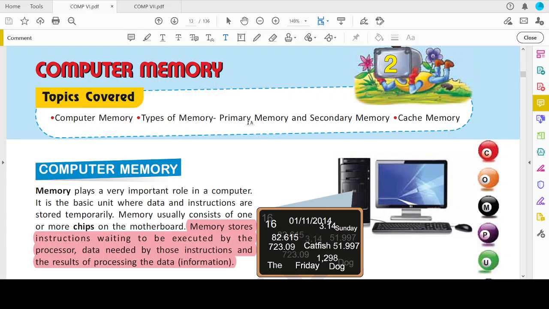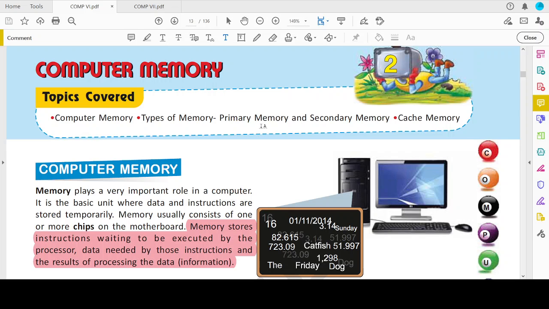When the operating system is loaded on the primary memory, you can see all the application software that is installed on your computer. That does not mean that all the application software is there on the primary memory. You can see only the icons. It is the interface which is showing the icons of what is installed on your computer.